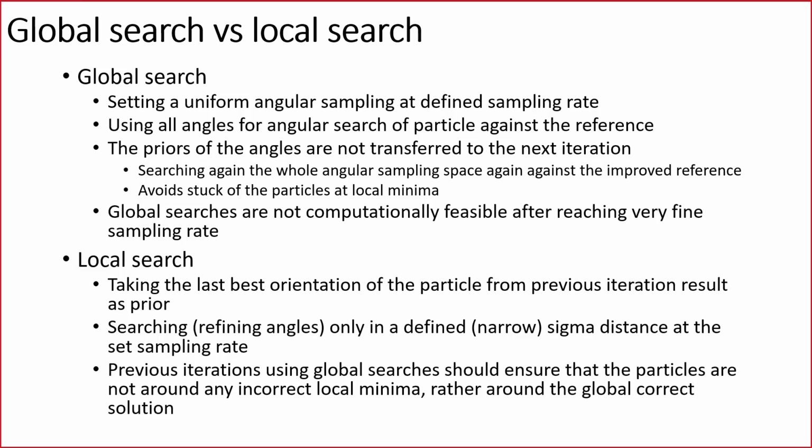Now, this can be done until some point where the amount of angular samples is too high. So if we start with some 30 degrees angular sampling, then we get a certain amount of samples that we need to test.